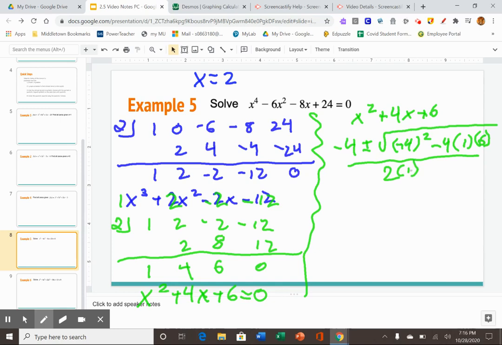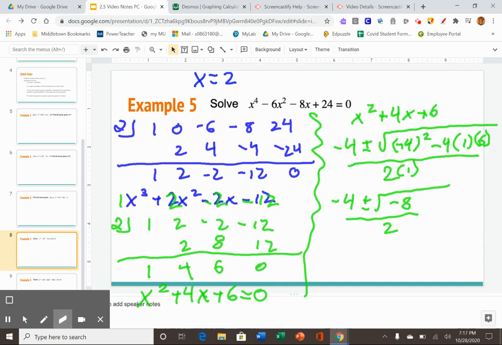So that is going to give me -4 plus or minus the square root. And now you should notice something weird under the square root. You should get 16 minus 24, which is -8, over 2. So now you should say to yourself, I have a negative under the square root. What do I do?